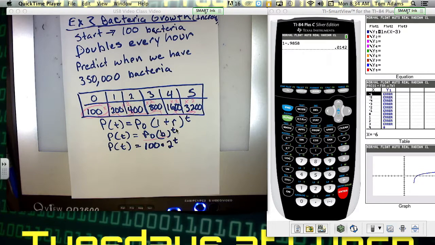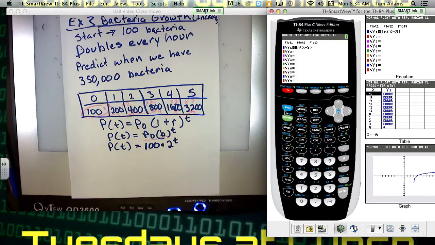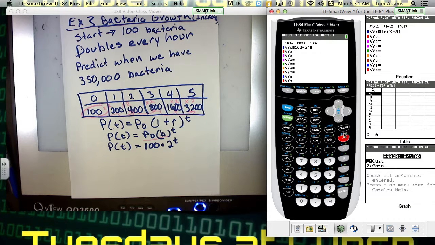Now, would that work? Let's see. If I take this equation and I put it on the calculator, and I say 100 times 2 raised to the, and I got to put x instead of t.